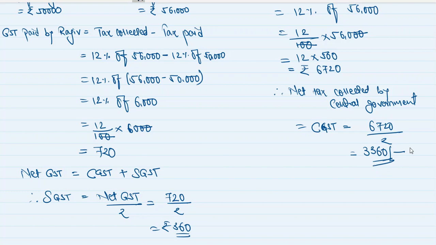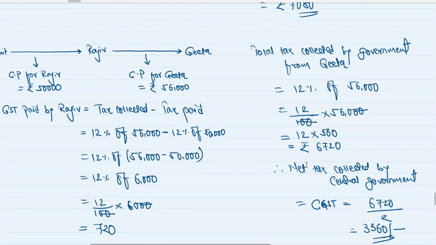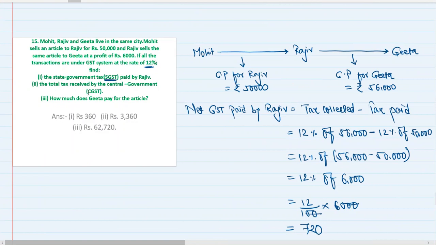That is the net tax collected by the central government in the whole transaction. The total tax received by the central government is 3360.